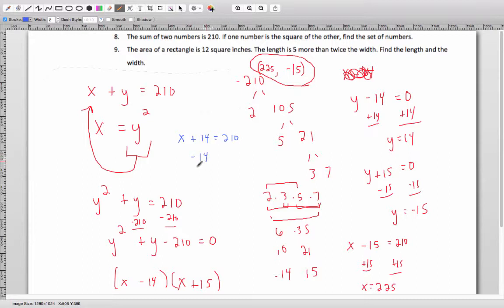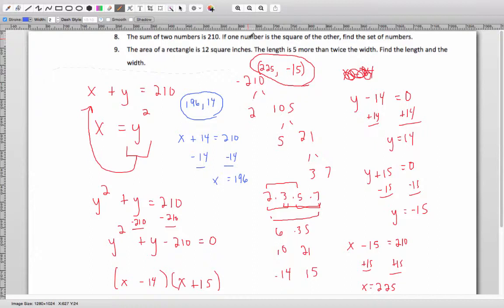Subtract 14 on both sides. X is equal to, what's that, 196? Yeah, 196. So that's my other solution. 196 and 14. Done. That's it for number 8.